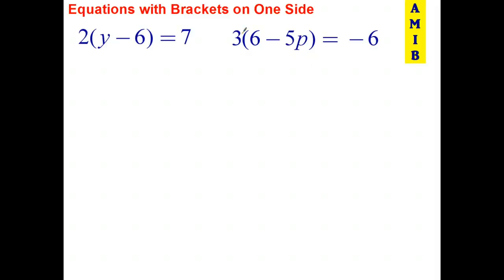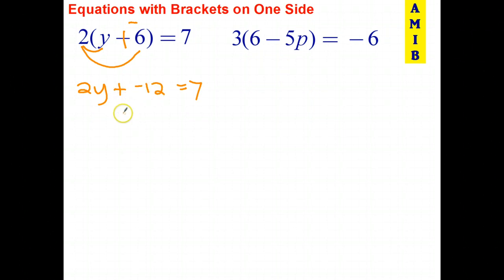Okay, welcome back, students. Once again, I'm going to change every subtraction to add the negative. I'm going to multiply 2 times the y and 2 times the negative 6. That's called the distributive law. 2 times y is 2y. 2 times negative 6 is negative 12, equals 7.